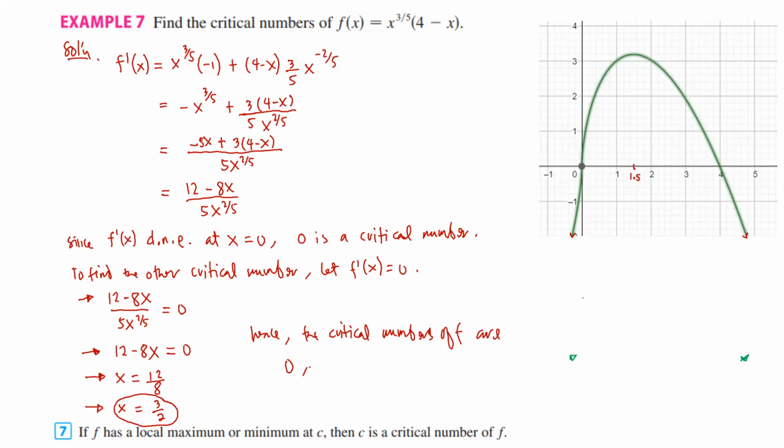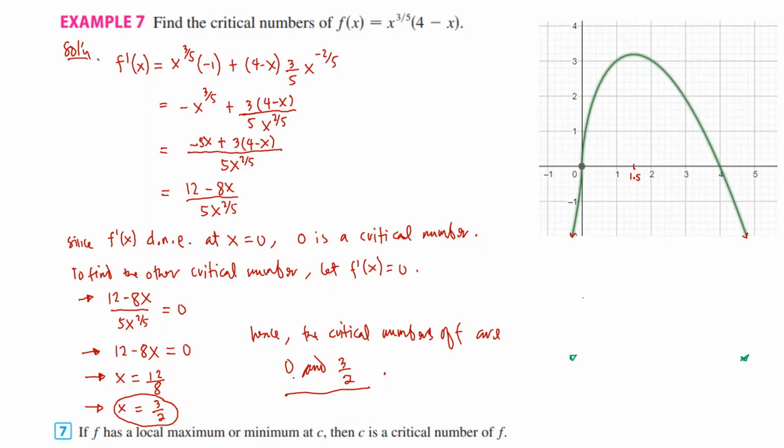And the second one is 3 halves, okay? So these are your critical numbers. Now for 3 halves, it's not surprising because according to the remark, you have a local maximum here. So naturally you have a critical number corresponding to that. And indeed that's equal to 1.5 or 3 halves.